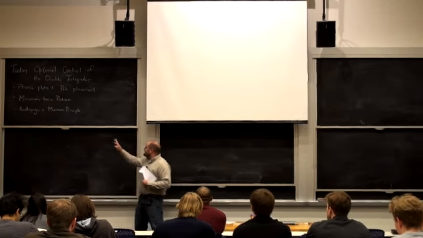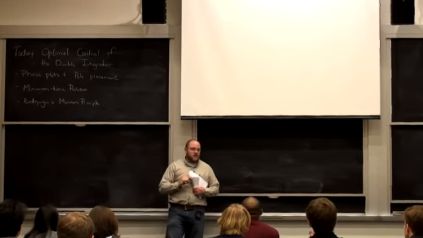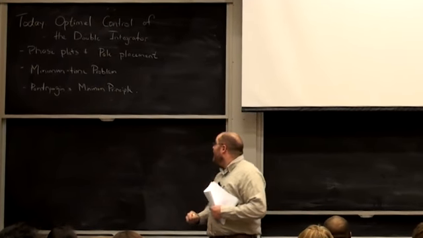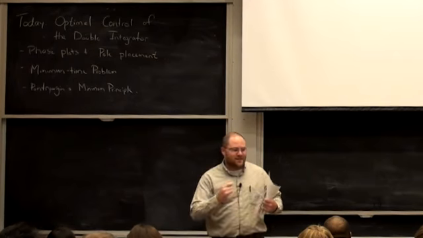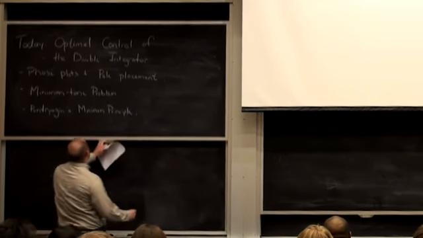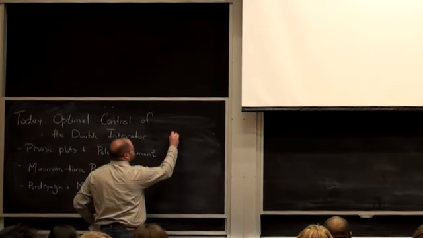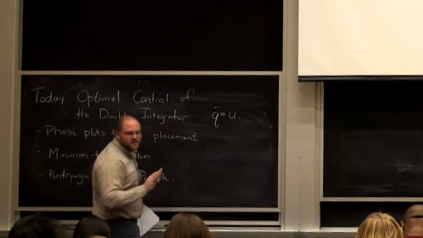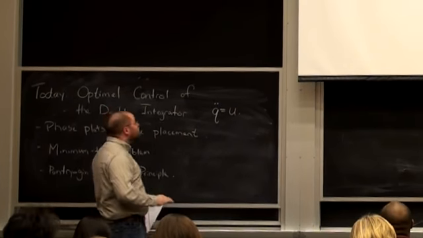Okay, so today we're gonna make good on that idea, but we're gonna do it on an even simpler system first, just today. We're gonna do it on the double integrator, which is q double dot equals u, okay? Because here I can do everything analytically on the board, okay?